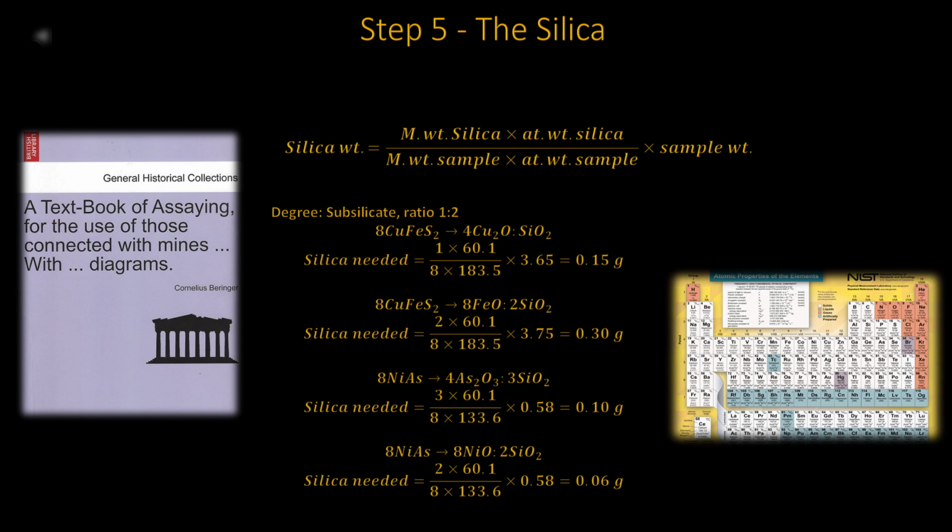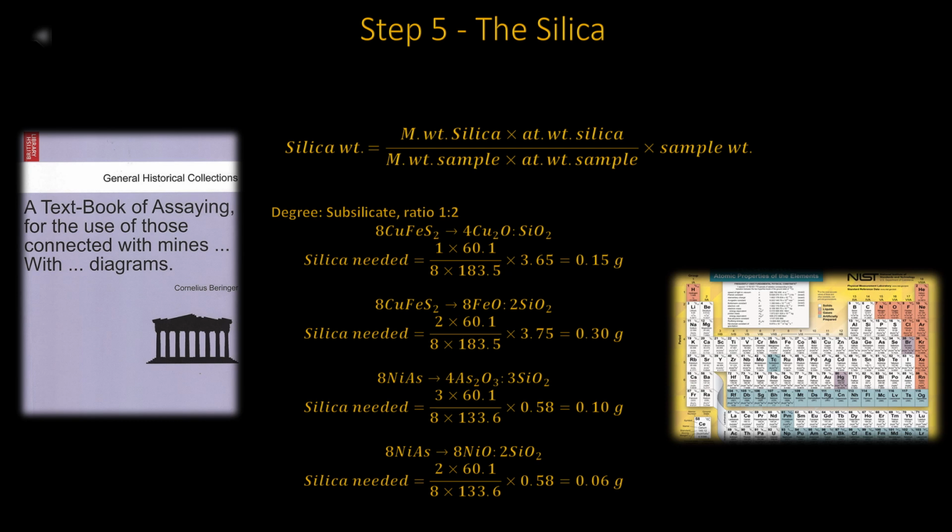That means that for every 1 molecule of silica, which contains 2 oxygen atoms, there will be 4 molecules of copper oxide, which contains 1 oxygen atom. This equates to 4 oxygen atoms in the base material and 2 oxygen atoms in the acidic material, which is a 1 to 2 ratio.